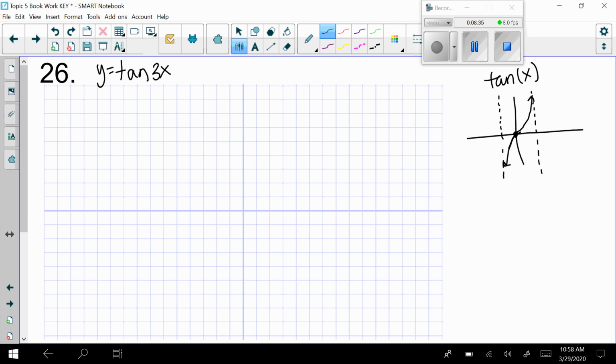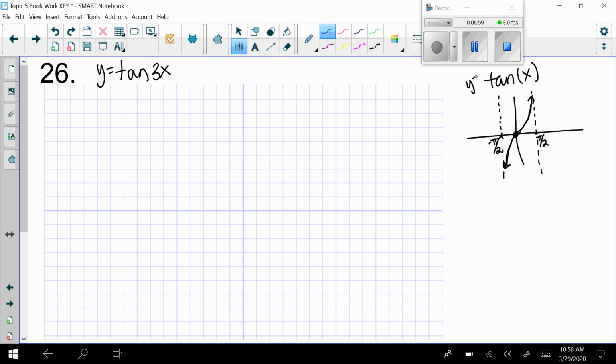So you need to have the general gist of this memorized, that where it's undefined here is pi over 2, and then this is negative pi over 2. So 90 and negative 90 are where it's undefined, but it kind of increases, has this pattern in the middle here, almost like a cubic pattern it looks like, but it goes through 0, 0.